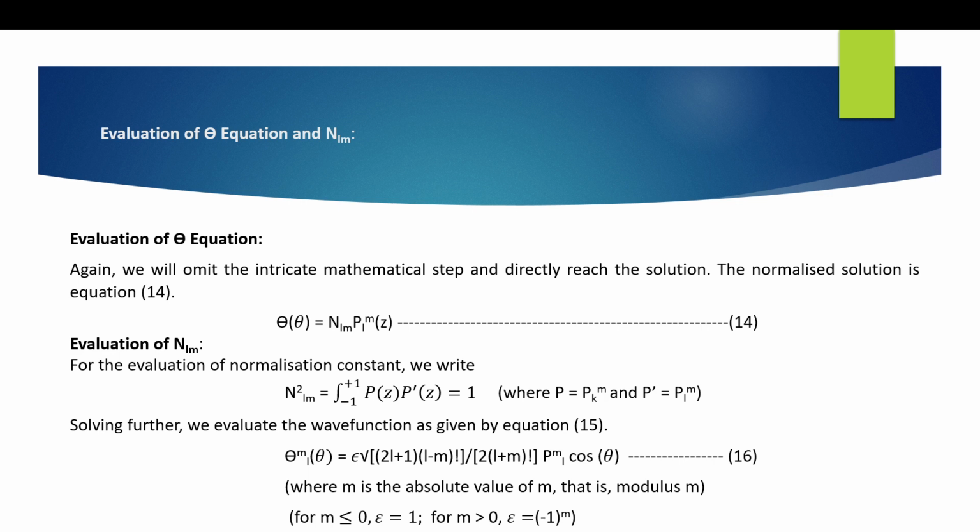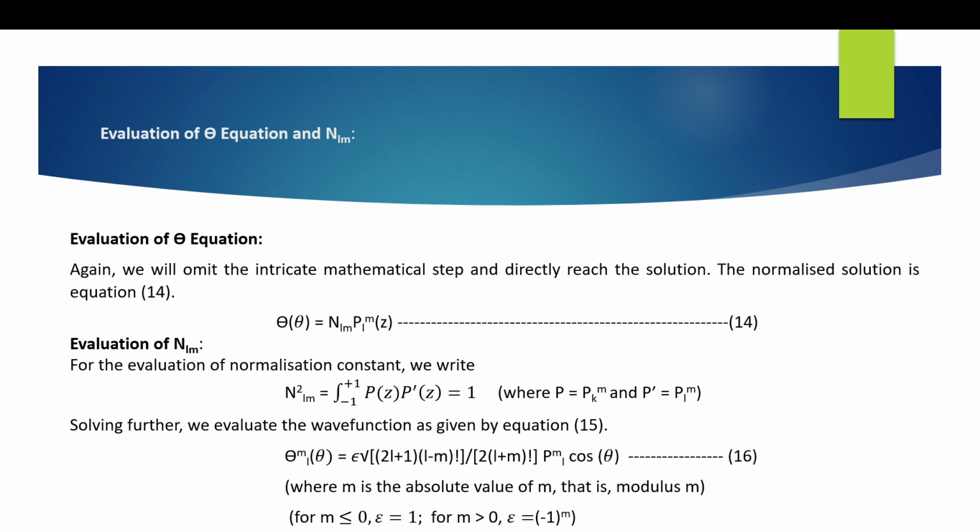Evaluation of the theta equation and N lm. We have omitted the intricate mathematical steps because most of the bio students will not find them easy to understand. We have directly jumped over to the result. The result is equation 14. And as before, we can normalize the normalization constant N lm.